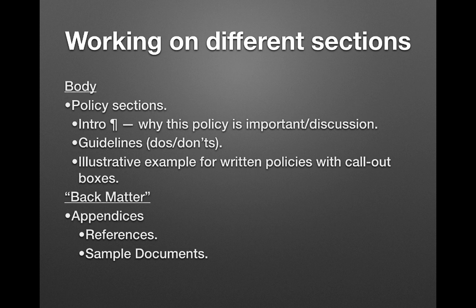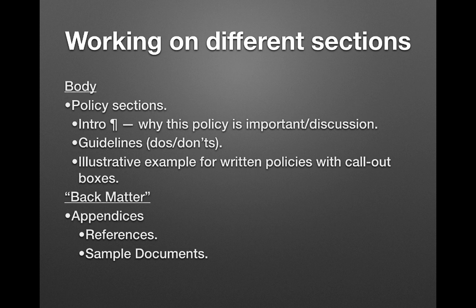And generally, it's appendices, and it could be a glossary, it could be an index by topic. It could include some sample documents, so sometimes people have to fill out specific forms and documents, and you can talk about them in the body of the document and then refer them to the sample documents at the end.